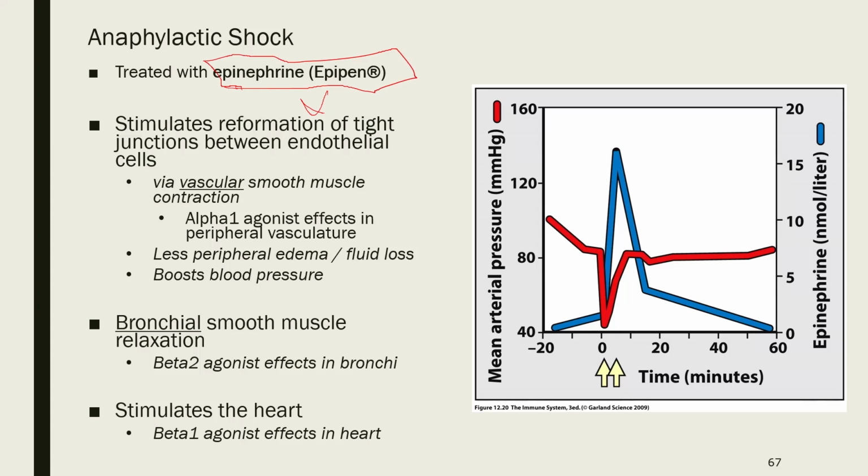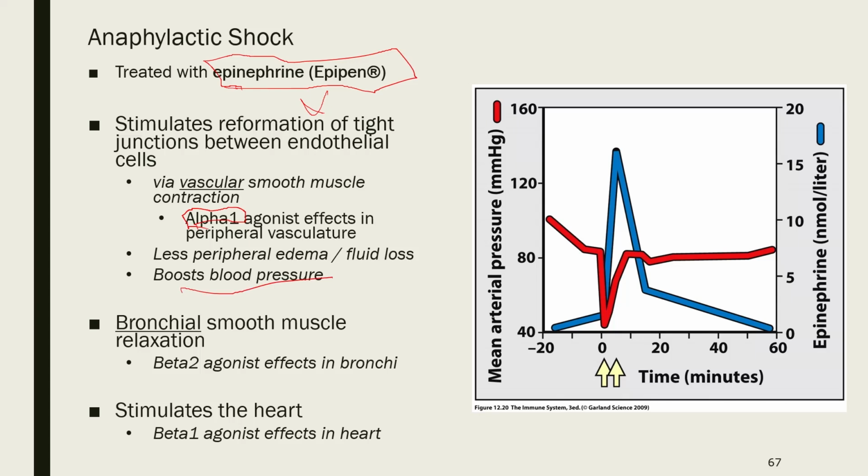Alright. Anyway, so this is alpha-mediated, alpha 1 here. I didn't realize that was on there. Alpha 1, right? And peripheral constriction, so limiting the peripheral edema, then fluid loss, and maintaining the blood pressure. Remember, when you have anaphylactic shock, you have blood pressure drop, so you want to boost that.